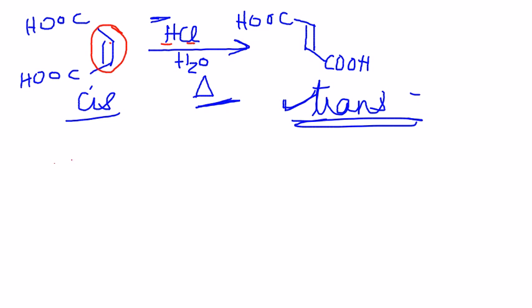Let's take a look. So in the first step, as you saw in the procedure, it says that you're supposed to heat maleic acid, 1 gram of maleic acid. You're supposed to heat that with water, about 8 milliliters of water, and you're supposed to bring it to a boil.